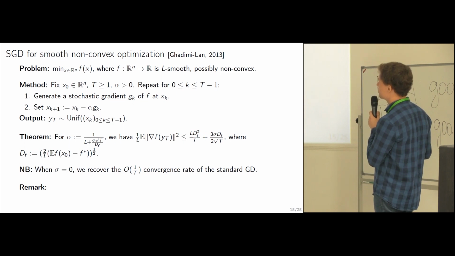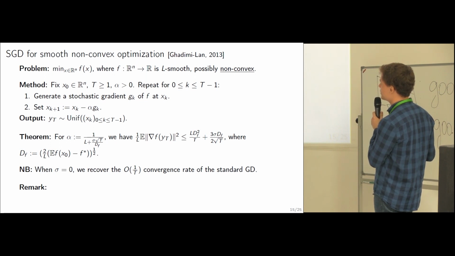Again, it is interesting to look at the case where sigma equals 0, because it gives us the classical gradient descent method, and as a byproduct of this result, we obtain the convergence rate of the classical gradient method for the non-convex case, and again, it is faster. It is not square root of T, it is just 1 divided by T.